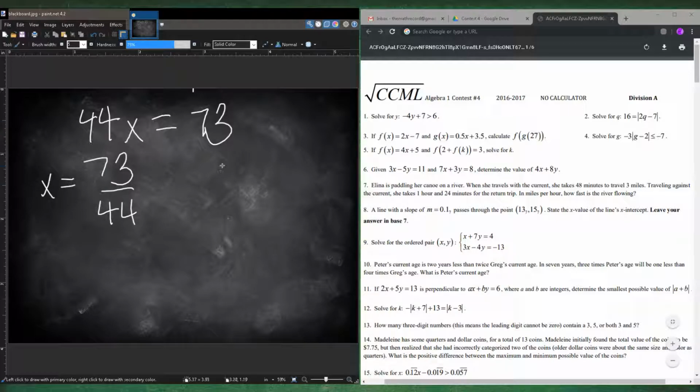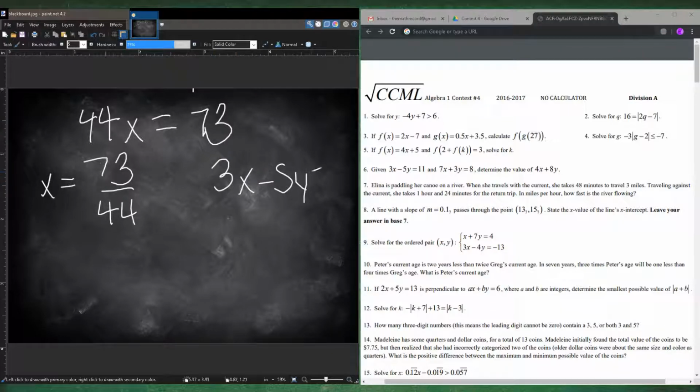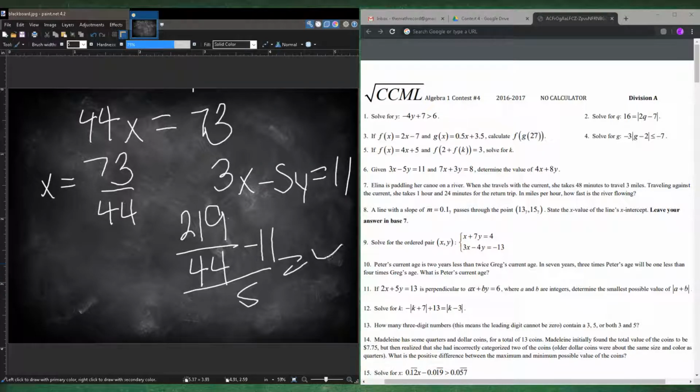So plugging that back into 3x minus 5y is equal to 11, that gets us 3 times this is 219 over 44, minus 11, divided by 5 equals y, basically.